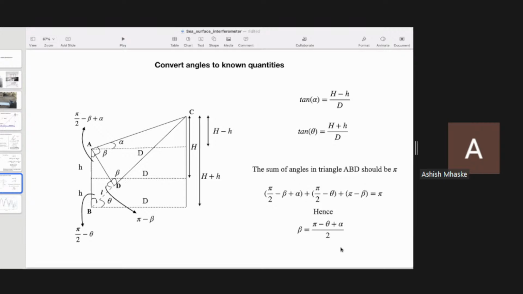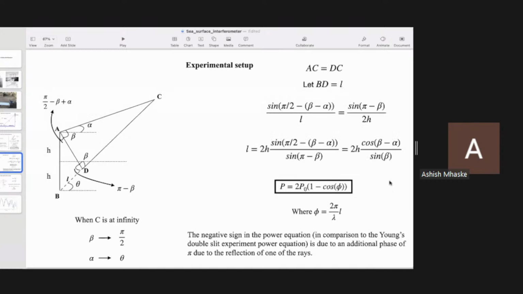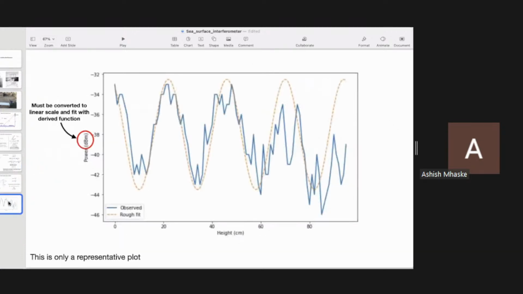So from these known quantities, you can calculate alpha and beta, and then you can substitute them in this equation and get the value for P. So this is the expected plot. Here the difference is that this power must be converted to linear scale before fitting your model to this plot. And this is the exercise that you are going to carry out.